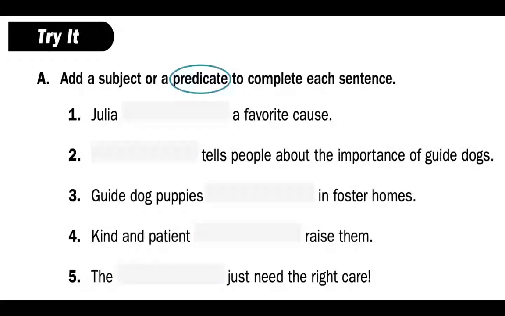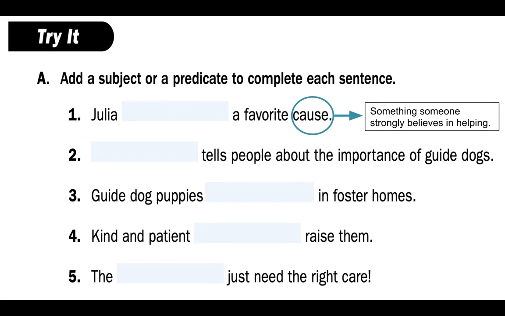Julia what a favorite cause. Maybe you're thinking, I don't know what to put in this blank because I'm not sure what a cause is. A cause is something someone strongly believes in and believes in helping. Remember, in our example sentences in the box, we learned that Julia's brother is blind and uses a guide dog.